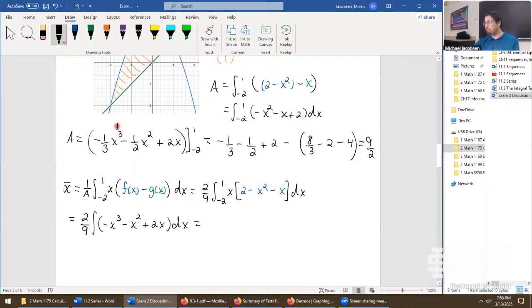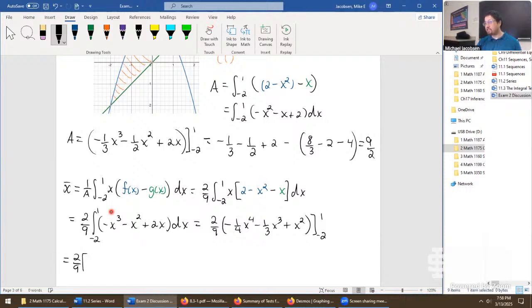So distributing x inside, I'll get -x cubed minus x squared plus 2x. Practically what we got up here, but just to a higher degree. So now this is 2/9. From over here, we pick up -1/4 x to the power 4, minus 1/3 x to the power 3, plus x squared. And we're doing this, forgot to specify over here, from -2 to 1.